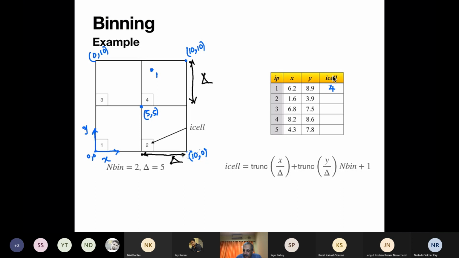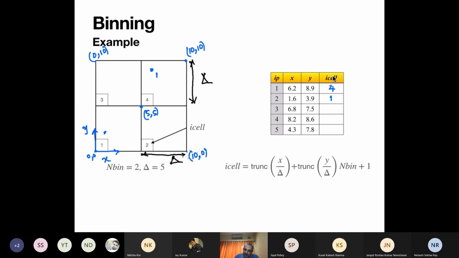Now you look at this 1.6, 3.9. This particle is going to be somewhere here. And you can check that 1.6 divided by 5, truncated, is 0. 3.9 divided by 5 is again 0. So this is going to be in 1. Now look at this 6.8 and 7.5.